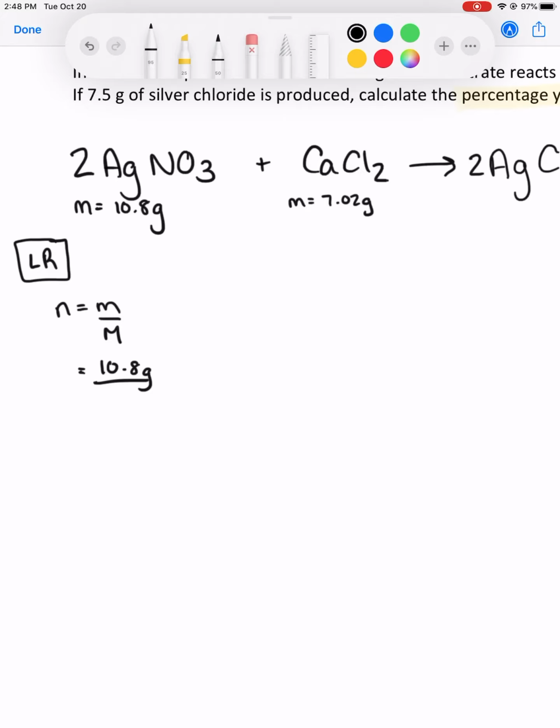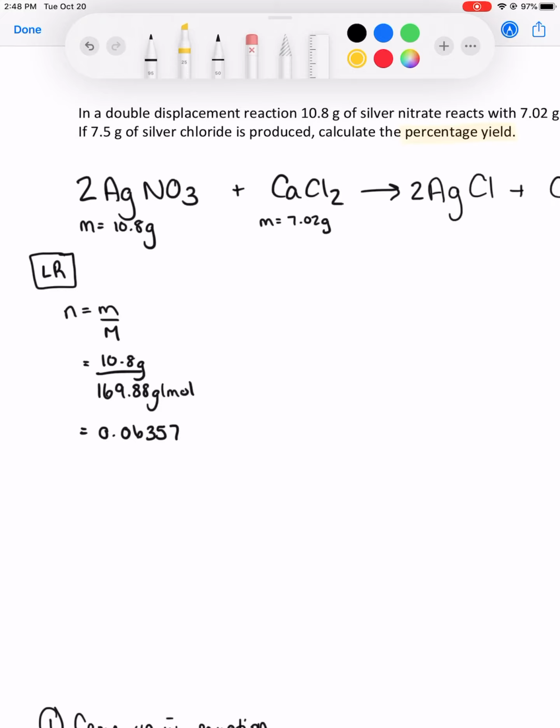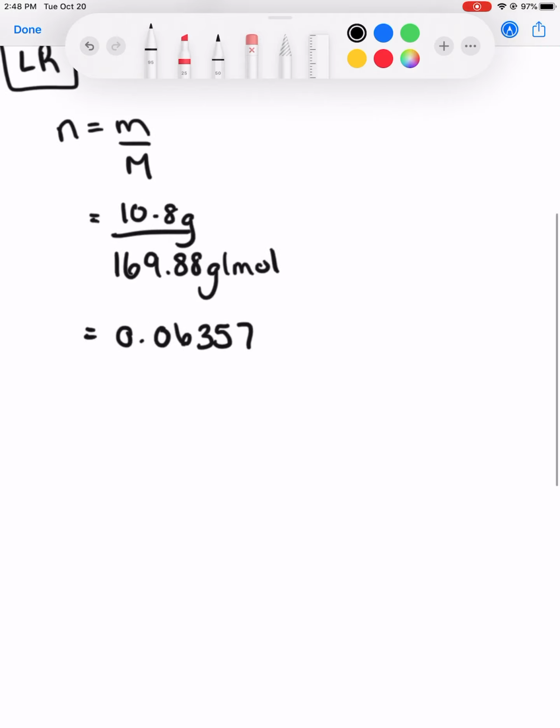So I got 169.88. So that gives me 0.06357. So again, our final answer due to this question should have 2 sig figs. We'll wait till the very end. For now, I'm just going to carry 4. It doesn't really matter until the end, but the more the better, okay?